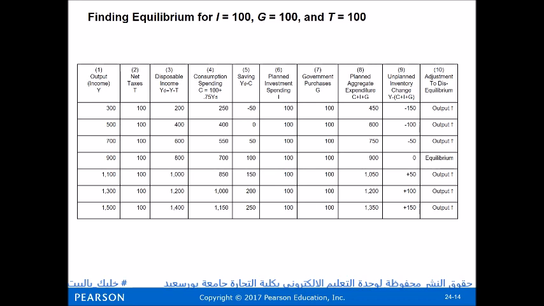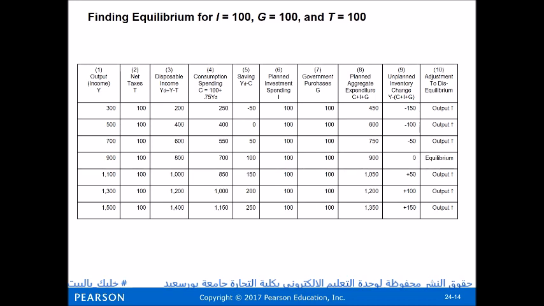This value of saving, which is 0, is calculated by subtracting consumption, which is 400, from disposable income, which is also 400. The next value for saving, 50, is calculated by subtracting the corresponding value of consumption, which is 550, from the corresponding value of disposable income, which is 600.